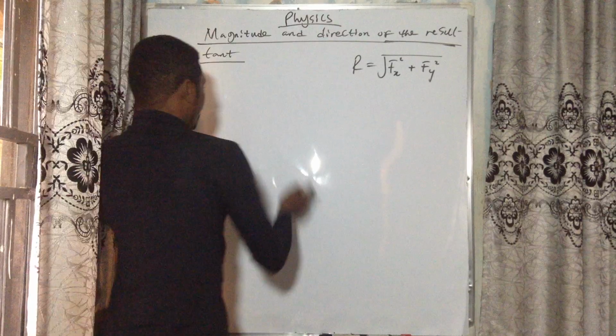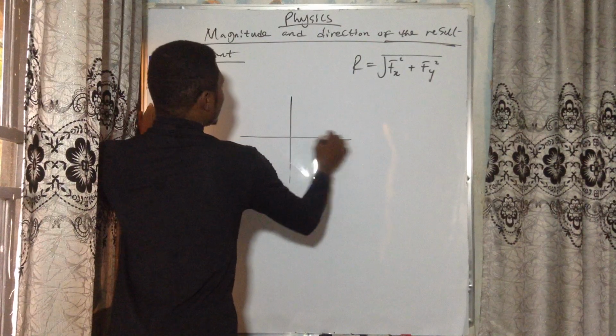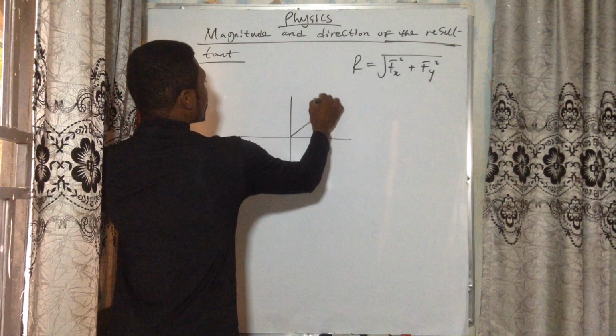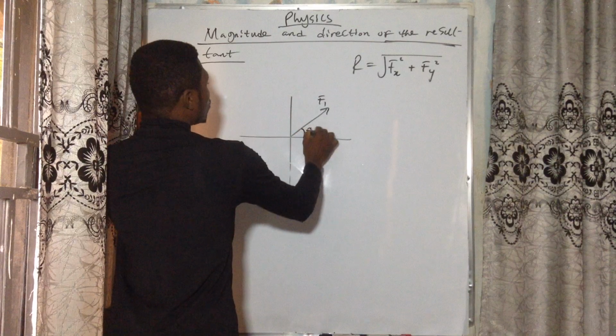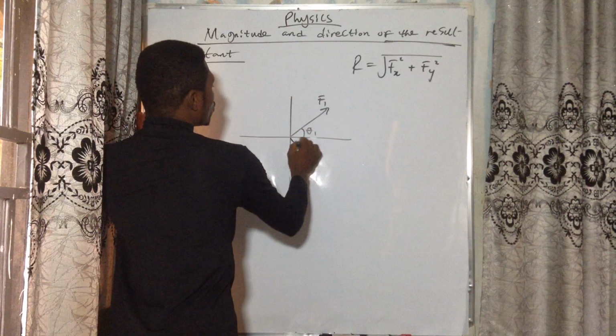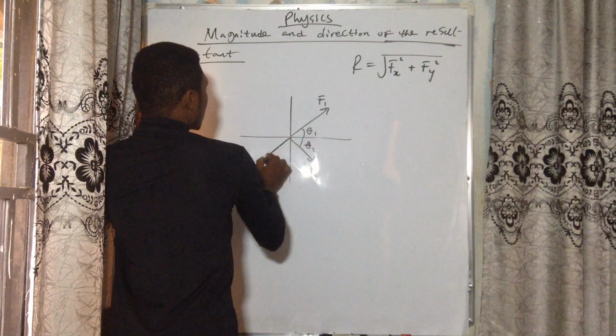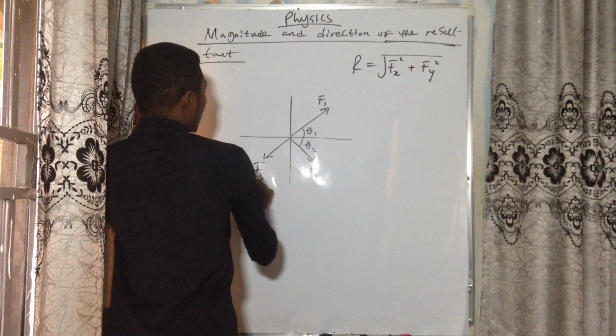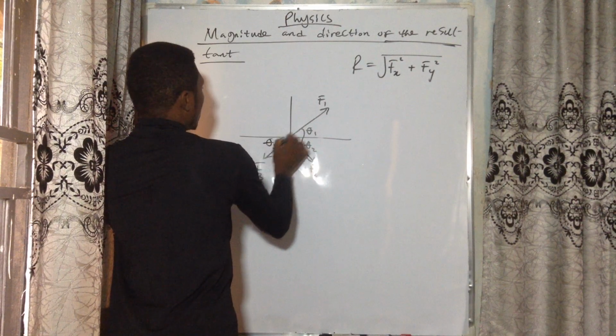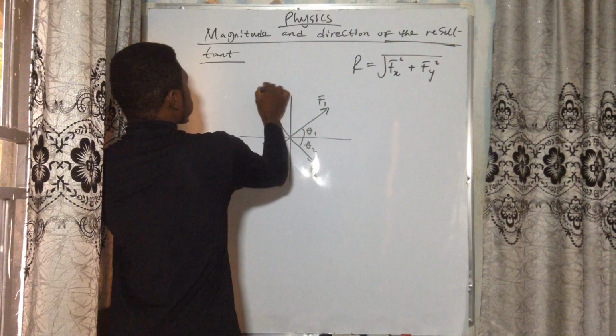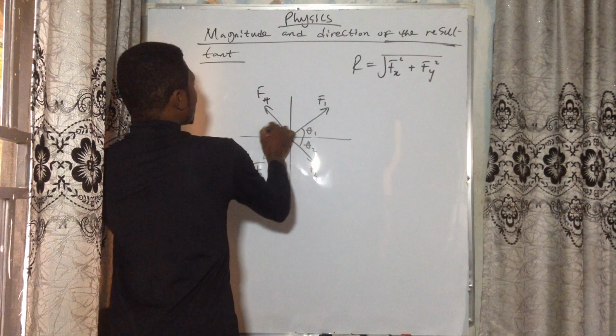Recall that when I started this topic, we had forces F1 inclined at theta 1, F2 inclined at theta 2, F3 inclined at theta 3, and F4 inclined at theta 4.